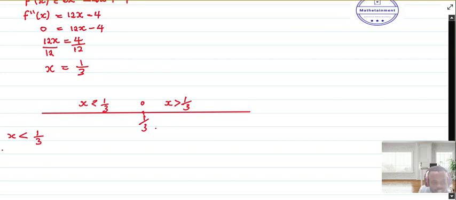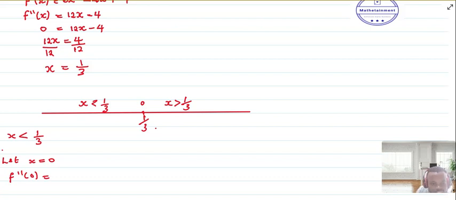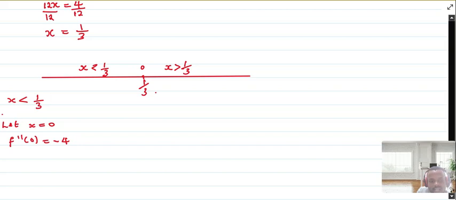That means I let my x be equal to 0, meaning f double prime of 0 is equal to 12 times 0, which is 0, minus 4, I get minus 4. Minus 4 is less than 0.